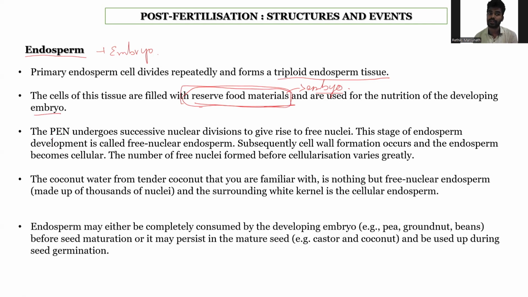Then what happens? This primary endosperm nucleus undergoes successive nuclear divisions to give rise to free nuclei. This stage of endosperm development is called free nuclear endosperm. Subsequently, cell wall formation starts occurring, and the endosperm becomes cellular.